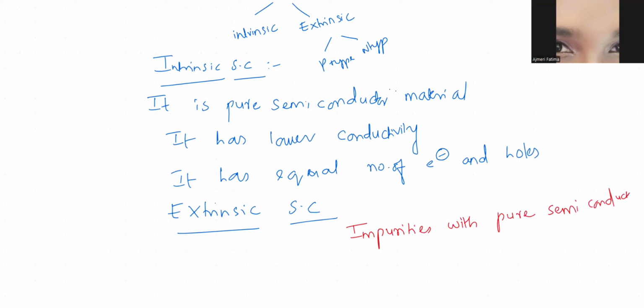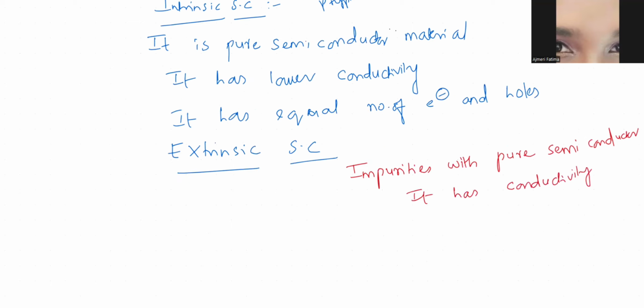It has high conductivity, the opposite of intrinsic. What are the examples for extrinsic? Examples are N type and P type. Examples for intrinsic would be silicon and germanium. So this is P type and N type. I hope this is clear.